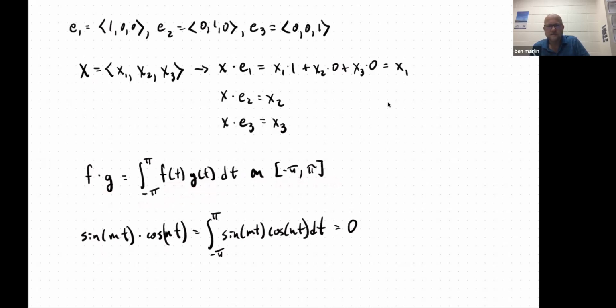across the interval. Now, that may not seem like there's a big connection there, but the thing that you need to think about is up here, we took each entry for the vector and multiplied the corresponding entries, just like we will multiply the corresponding values of f of t and g of t for different t values. Then we added those up.